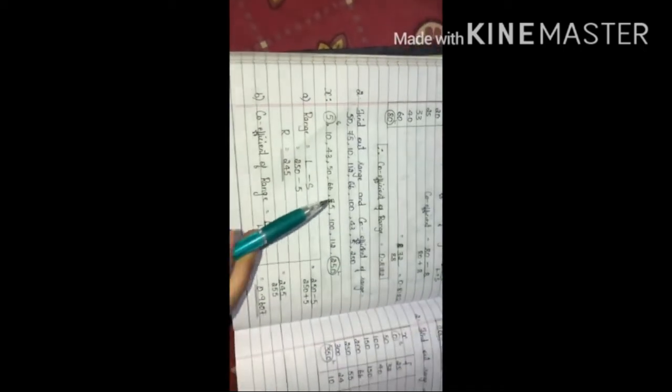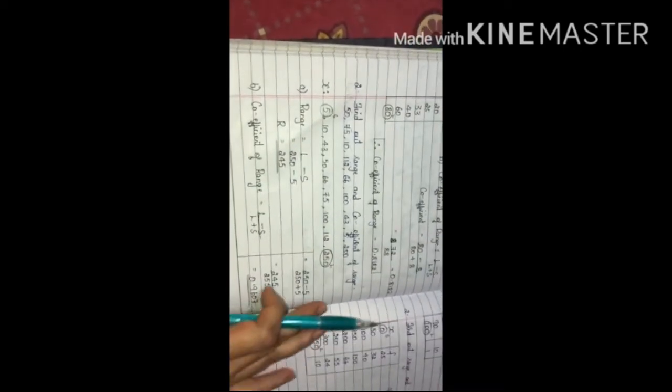Therefore, you need to give a conclusion: the coefficient of range is 0.8182. Whenever you are calculating coefficient of range, keep one thing in mind: you always get the values in decimals. So the similar problem I have again written it here. I'll be sending you the photo for the assignment.